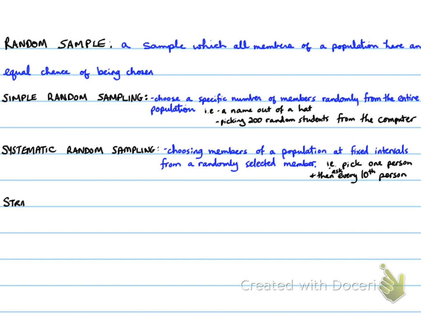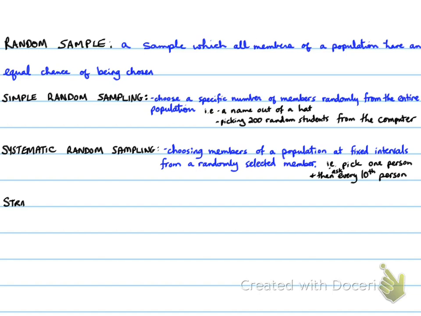So the idea is that you randomly pick one person and you ask every 10th person before and every 10th person after that person. Another example is the old style telephone books, where you can open to any page, pick a person from that page, and then phone every person 10 pages before it or 10 pages after it.